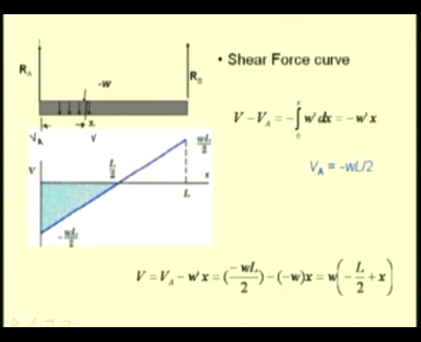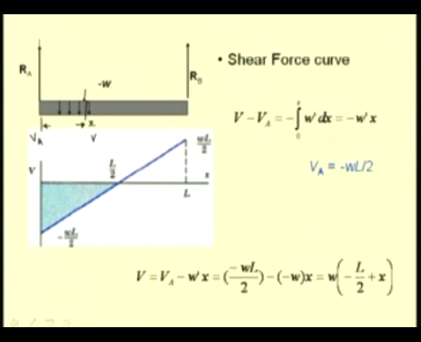So, we have at A shear force minus WL by 2, and it linearly changes to WL by 2 at B. At any point the value of the shear force is equal to the negative of the area under the load curve.